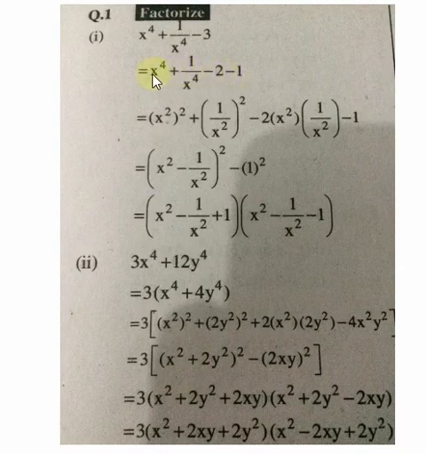So we try to make it a complete square, as x⁴ can be written as (x²)² plus 1/x⁴ can be written as (1/x²)², and −2 can be written as −2 into x² into 1/x², because x² is cancelled out with x² and it remains with −2, and −1 as it is.